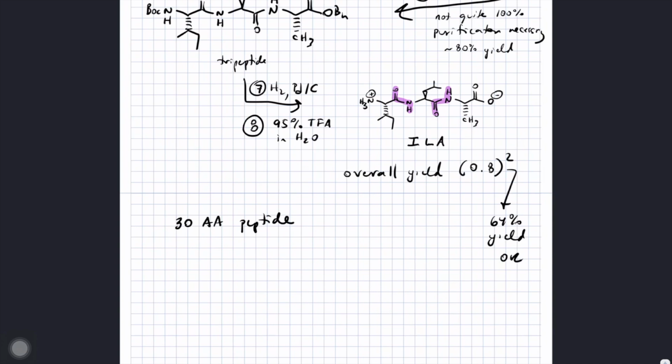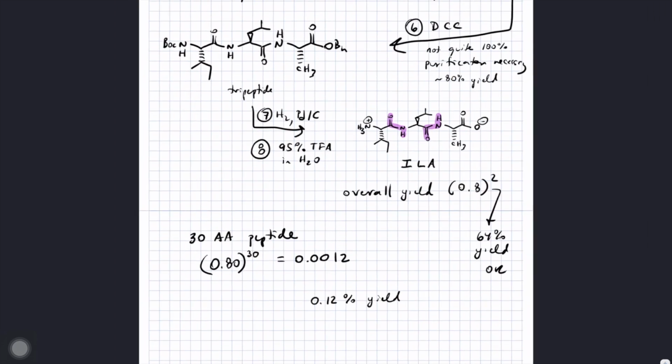Let's imagine 80% yield to the 30th power. Let's quickly do the math on that to see what we're left with. Okay, that equals 0.0012. So you have 0.12% yield.